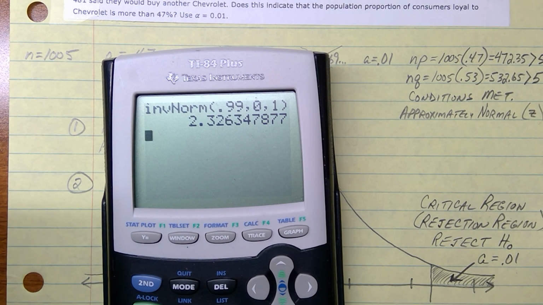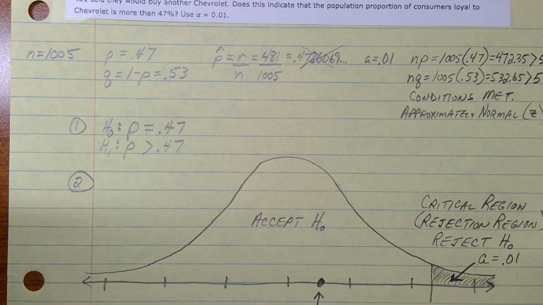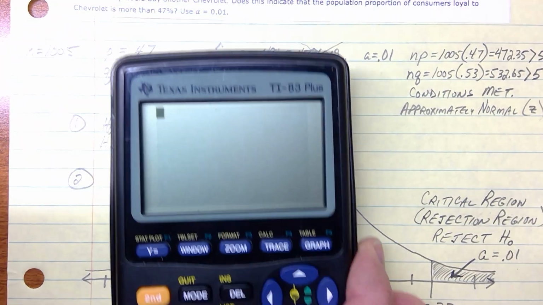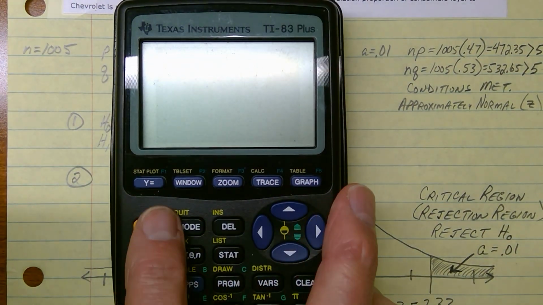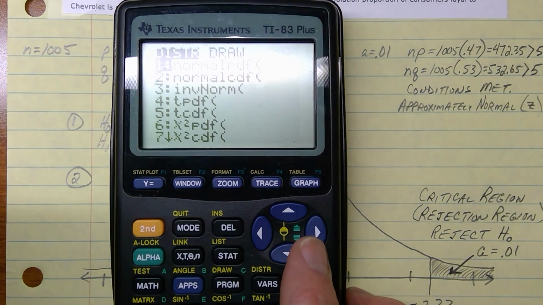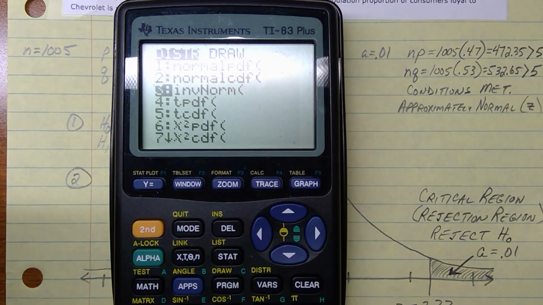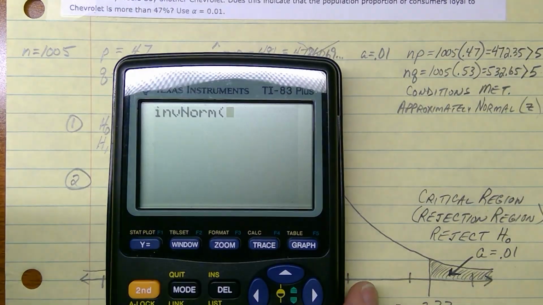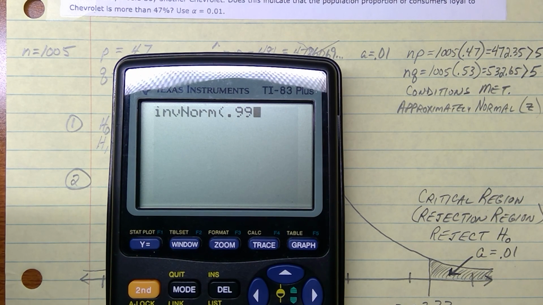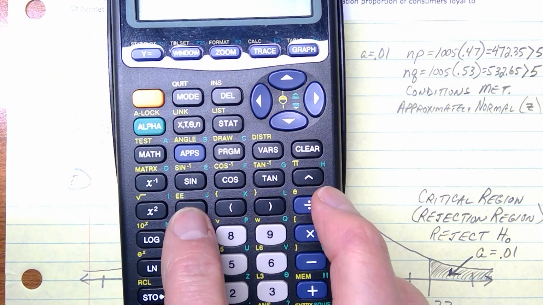On the 84, it's super, super easy. But the 83 does it too. If you like to play on your calculator, same thing, go to distribution. So second distribution, and you want inverse normal, which is the third option. Now the 83 is just tougher because it makes you enter the numbers. So you want 99% of the curve to the left, and then you need a comma. Your comma is right here.